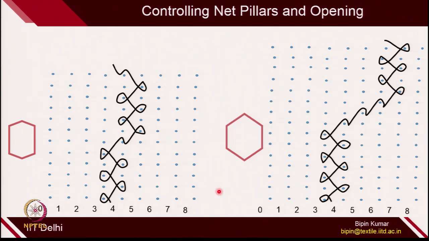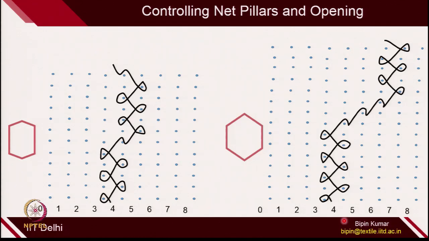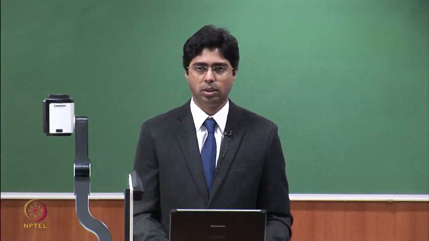You need to have a very uniform geometry. The net pillars and openings can be controlled by the lapping plan, and the threading of guides has to be done intermittently. So, you have to thread one guide, and the guide next to the threaded one has to be kept empty. So, alternate guides are carrying the yarn, and this is how you create a net structure.